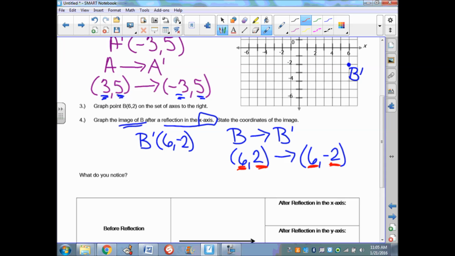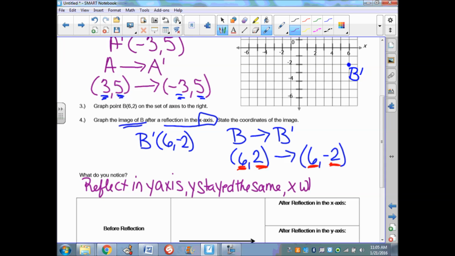So what do you notice? What did we notice in 1 and 2? When we reflect in the y-axis, what did we notice? The y's stayed the same. The x's were opposite. And then what just happened in 3 and 4?